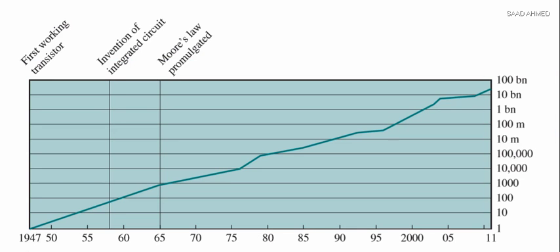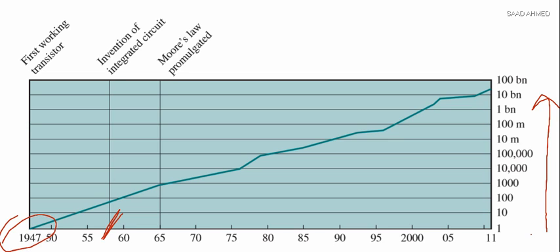As I said earlier, the transistor is the one which has transformed electronics. You can see in this graph, on the left side, the transistor was invented in 1947, the first working transistor. Then the invention of the integrated circuit happened here, and you can see the increase in the number of instructions or operations performed.